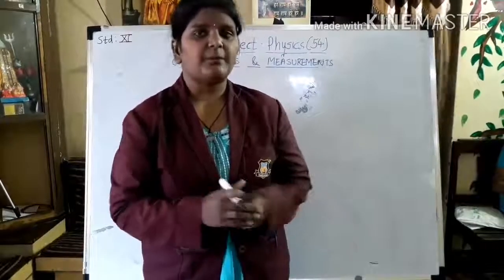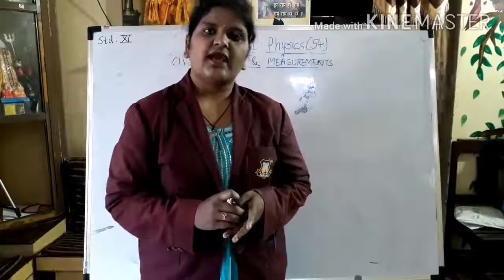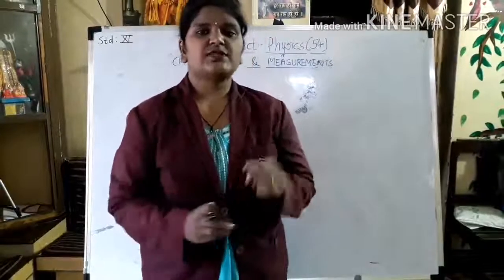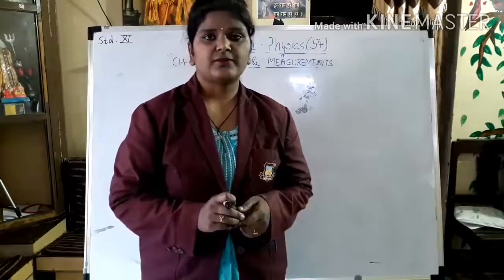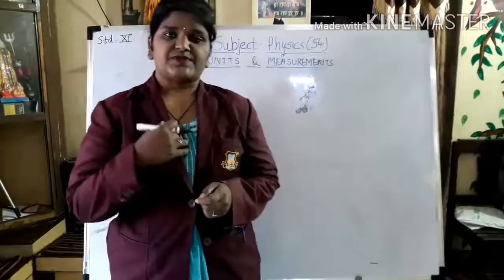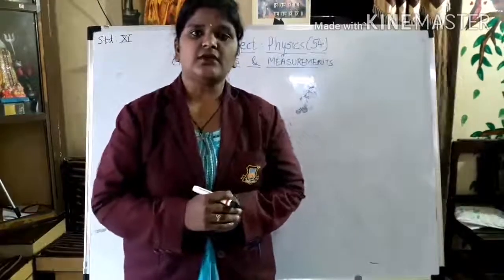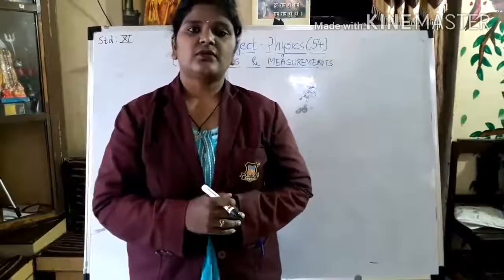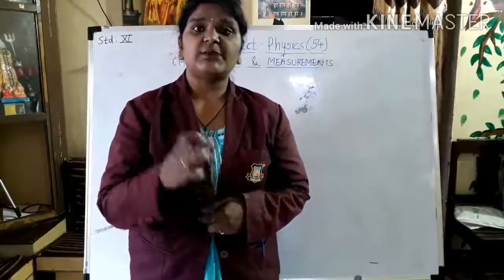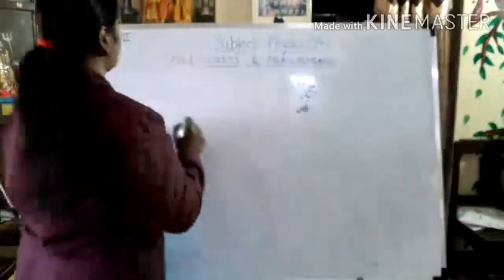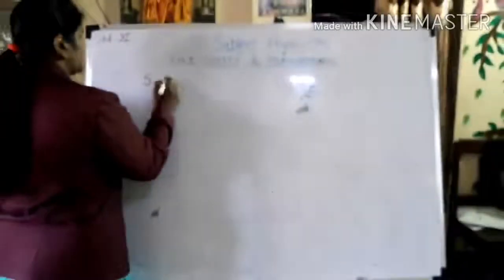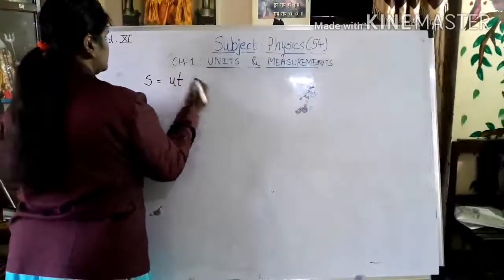But what happens if one equation has more terms of the same dimension? I will repeat again. If an equation has two or more terms which have the same dimensions, I will give you an example.